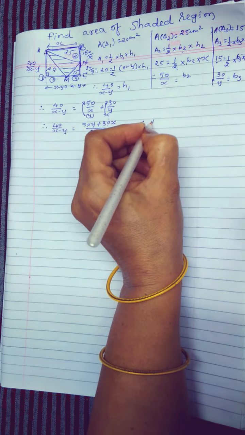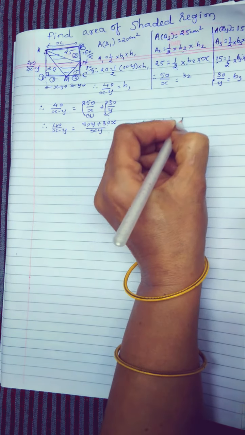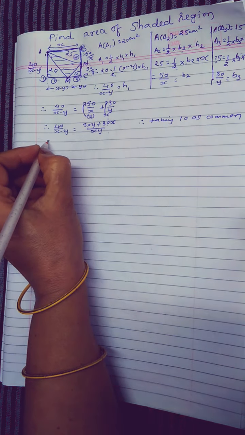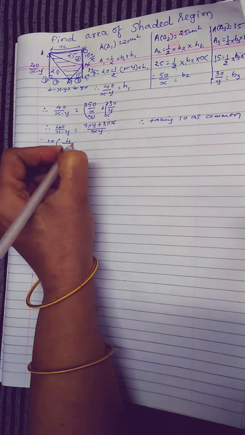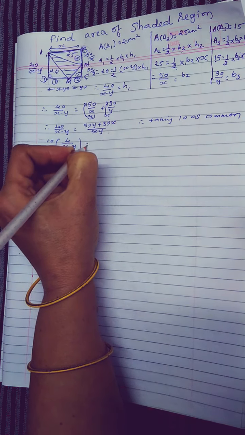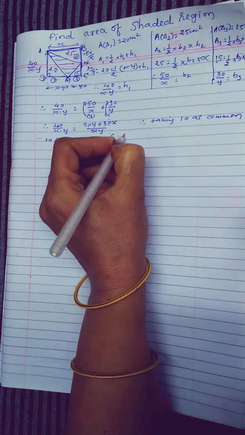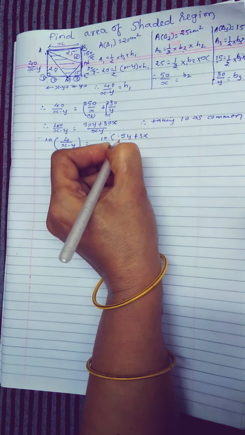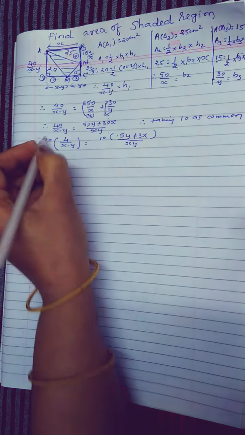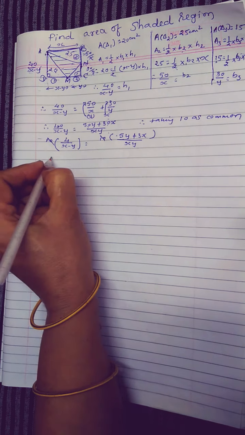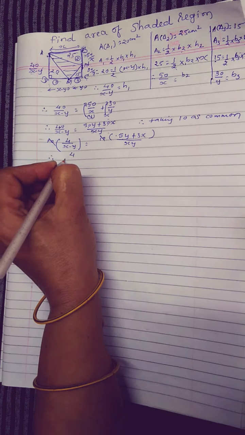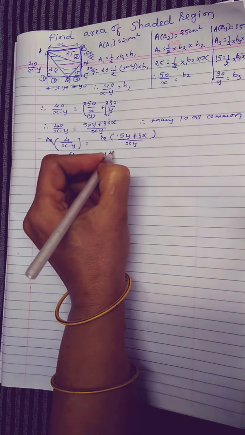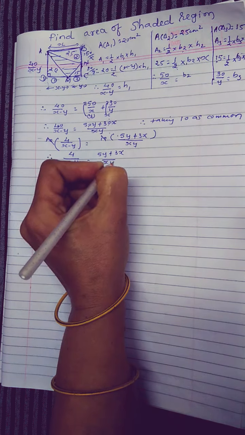Taking 10 as common, 10 into 4 upon x minus y is equal to 10 into (5y plus 3x) upon xy. 10 got cancelled. Therefore the equation has become simple: 4 upon x minus y is equal to (5y plus 3x) upon xy.